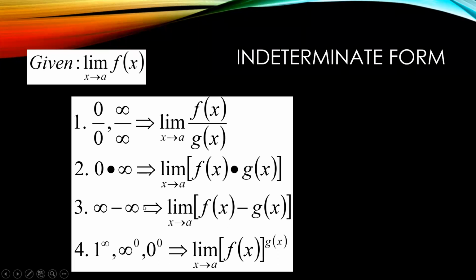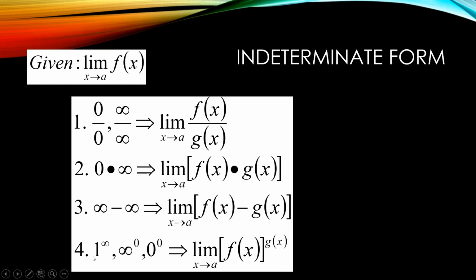Next, you know that any number raised to 0 is 1, except for 0 itself. But 0 raised to 0 cannot be 1. That's why this one is indeterminate. Infinity, you know that that's a very, very big number. Raised to 0, it cannot be equal to 1. So this is also indeterminate.